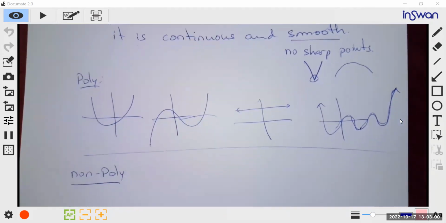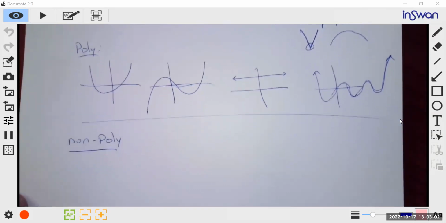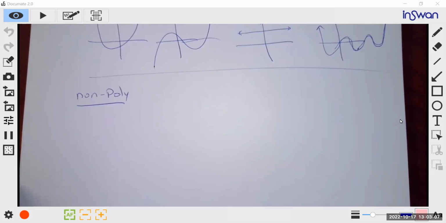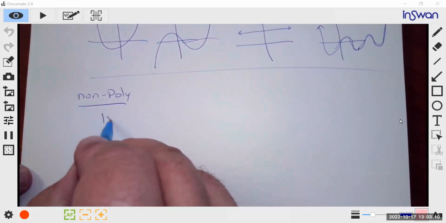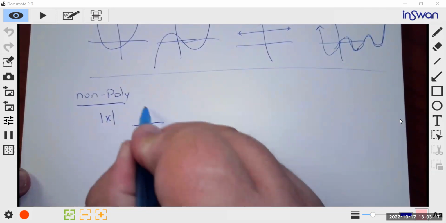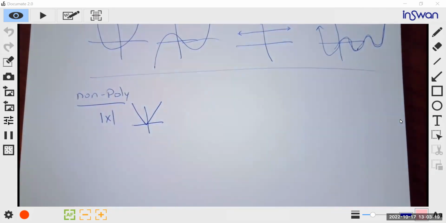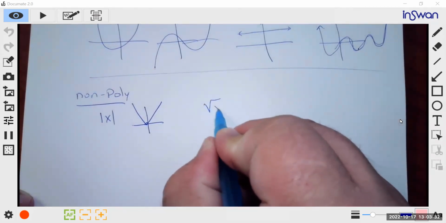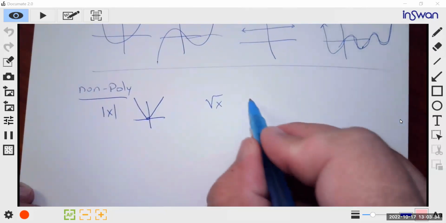So what would an example of a non-polynomial be? What kind of function? What does the absolute value of x look like? It has a point, so it's not a polynomial. It's a function, but it's not a polynomial function. Square root.